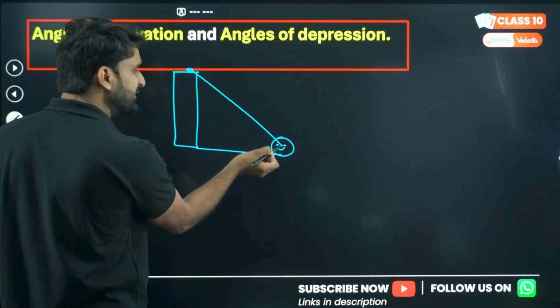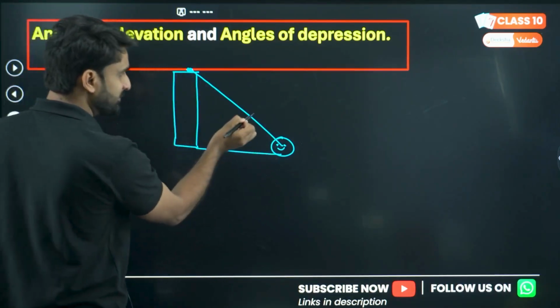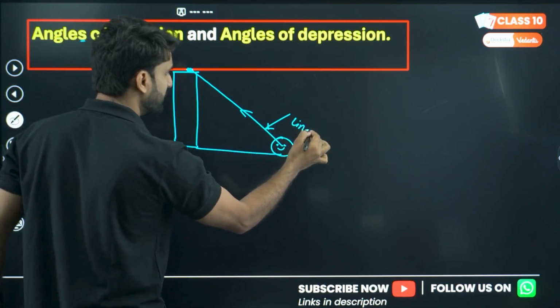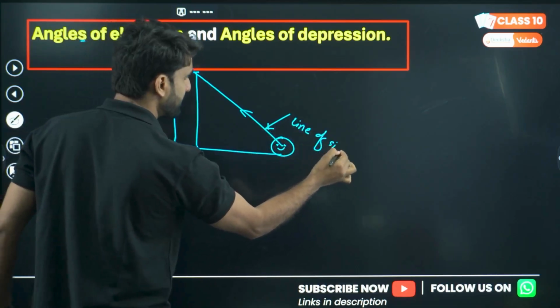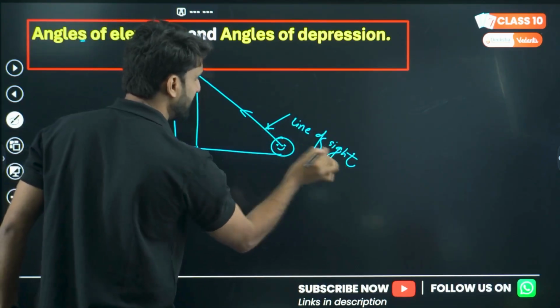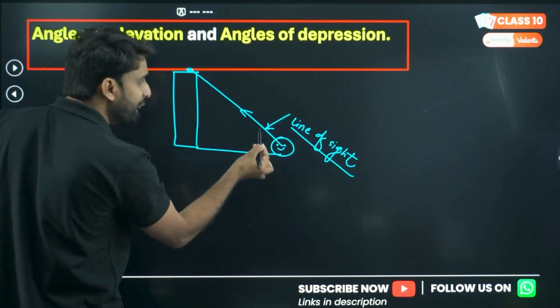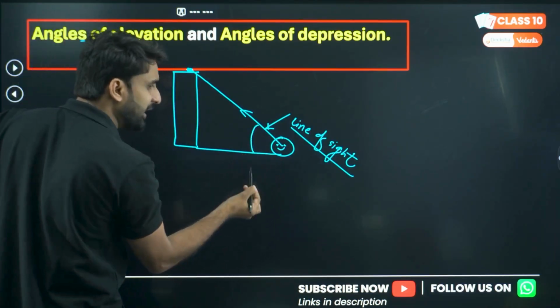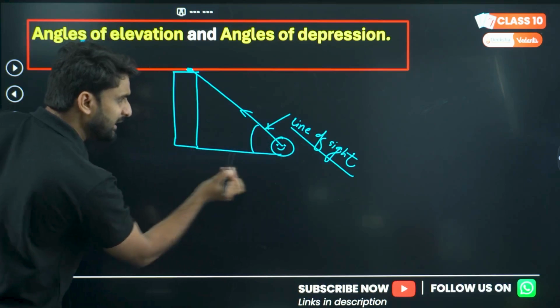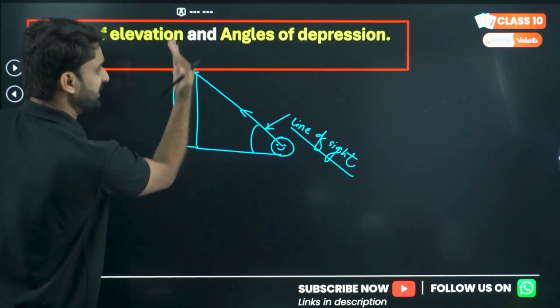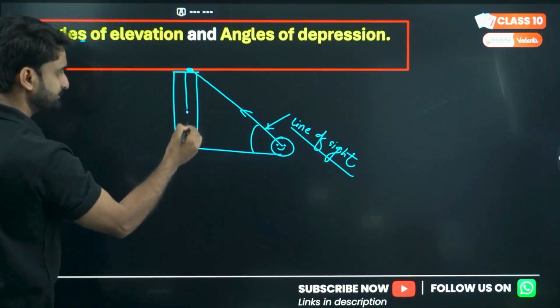If this boy is looking at the top of the building, this line is called the line of sight, my dear students. Please keep it in mind, line of sight. The angle which is below the line of sight and is made with the ground, this is the ground, this is the earth, and this is a straight tower, this is a building here.